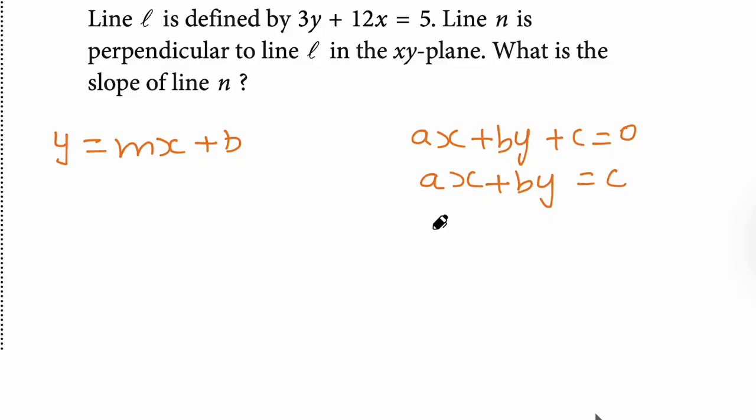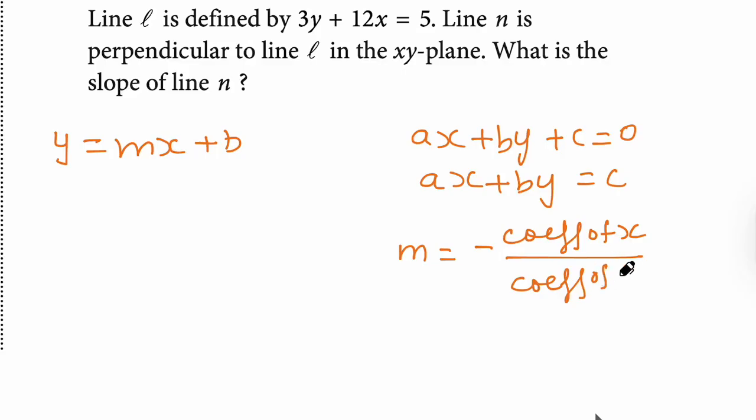Then without converting it into slope-intercept form, you can say slope is equal to negative of the coefficient of x over the coefficient of y, that means -a/b. So if you learn this, you do not have to convert it into slope-intercept form. I find it magic, and if you spend a little bit of time on it and understand it, you will also feel it like magic. I hope that is clear.